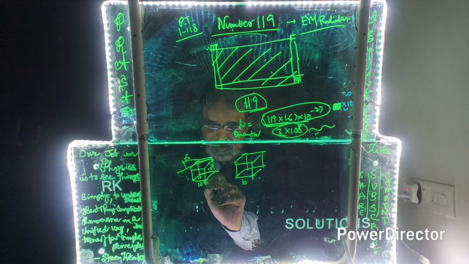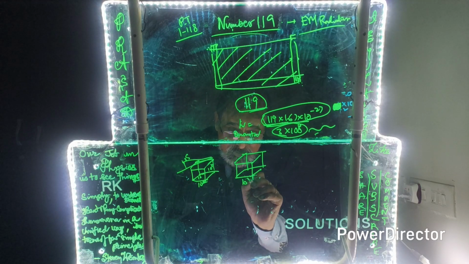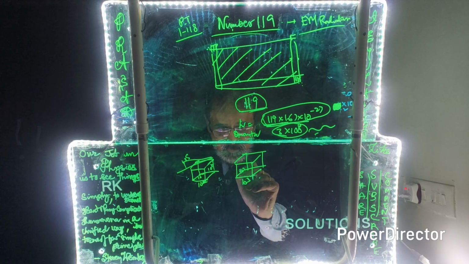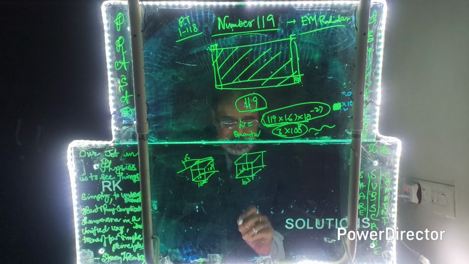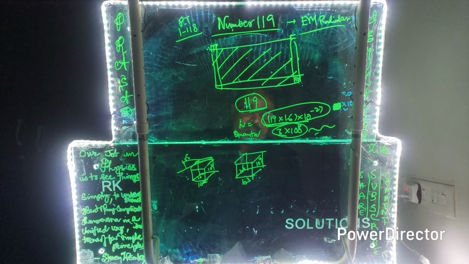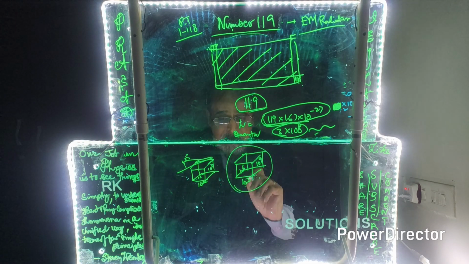This is arbitrarily we took as 2. What if this is 10 cube? This will be 10 cube raised to 2, that is 10 raised to 6. This will be 10 cube raised to 3, 10 raised to 9. Right? So this basically is a different thing.